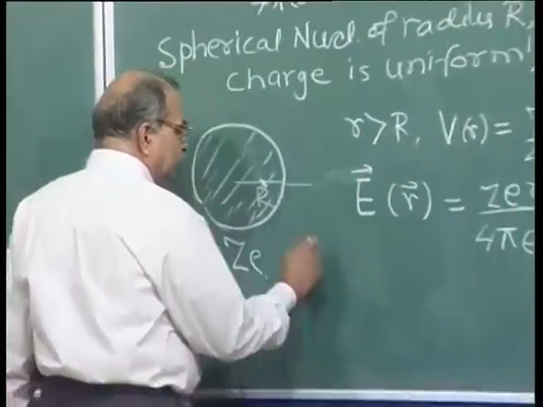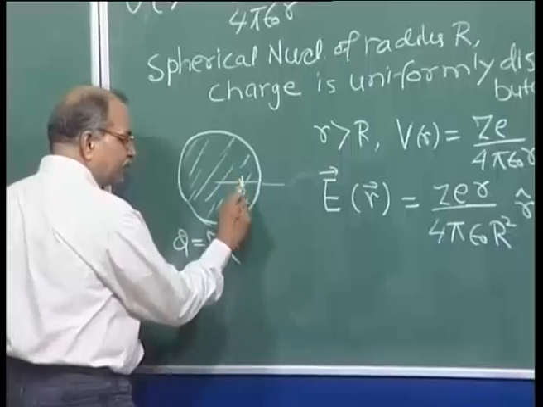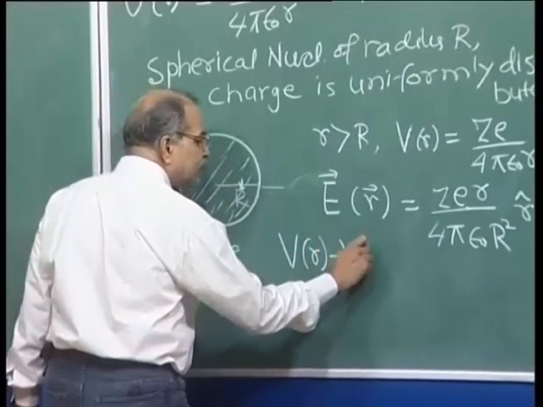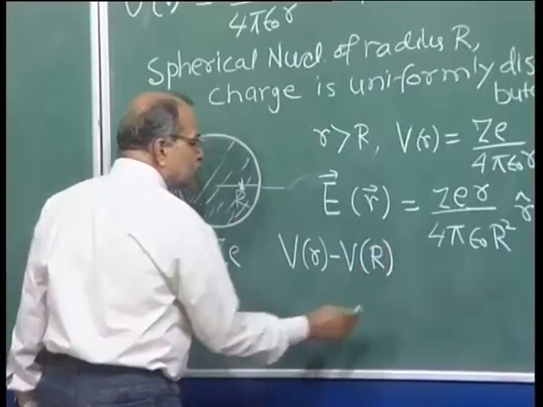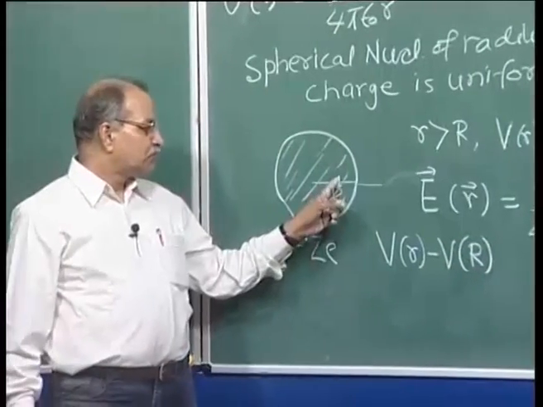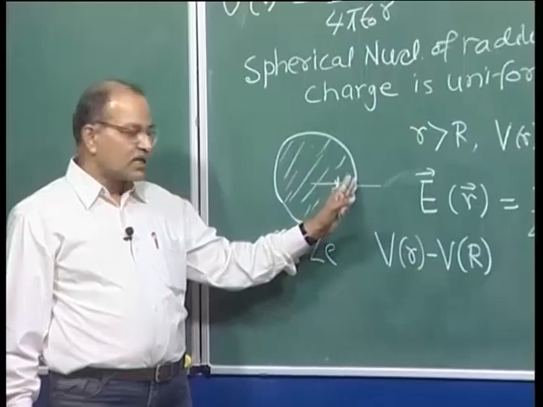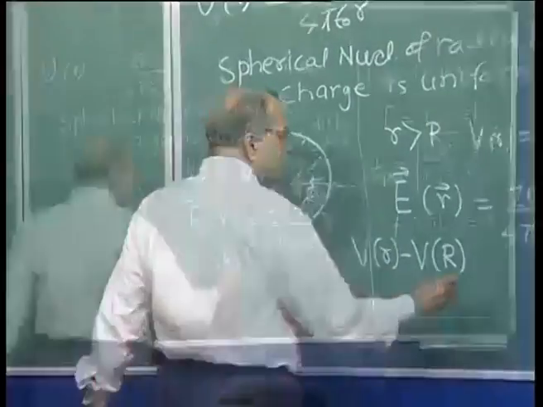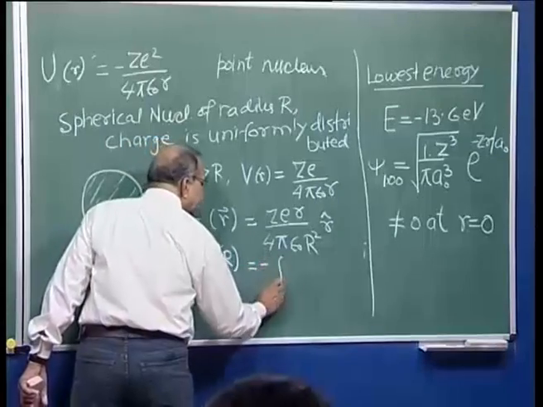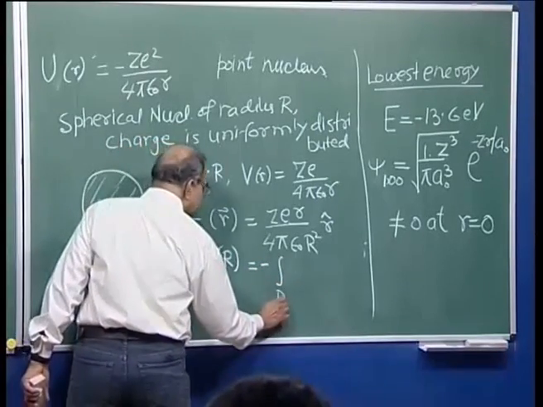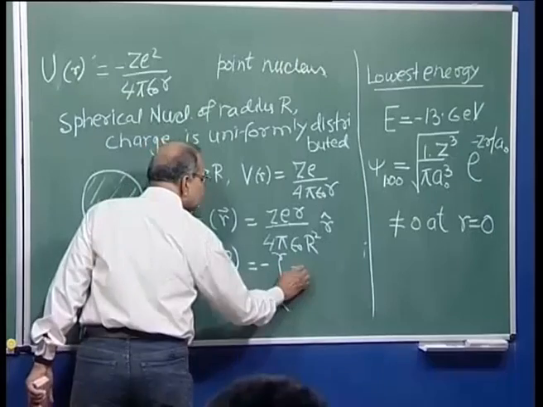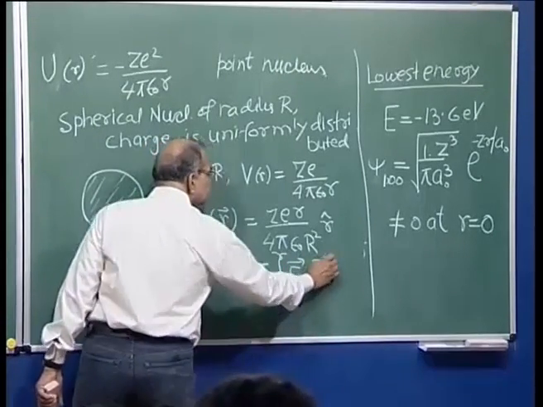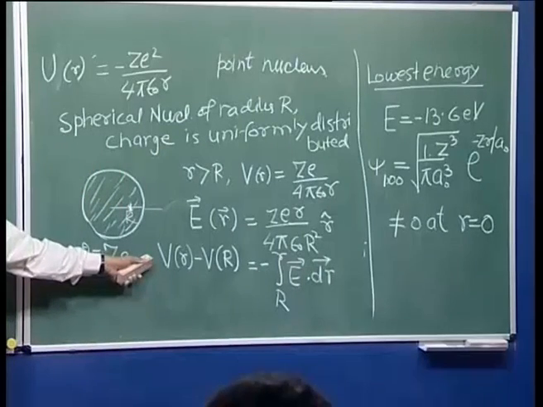So, the potential here at some point r, V at small r minus V at capital R. So, I am taking potential difference between some point inside and the surface, right, V r minus V capital R. This is by definition minus integration from capital R to small r E dot dr. That is how you define potential difference.